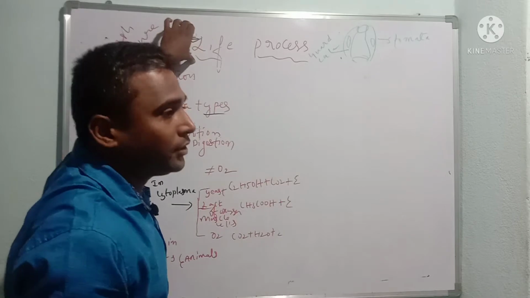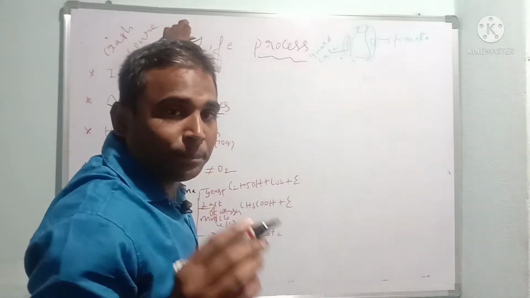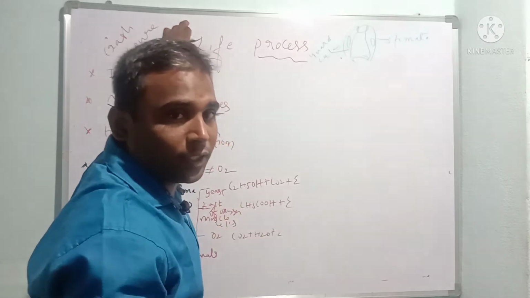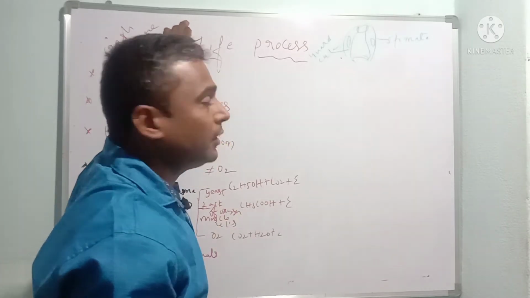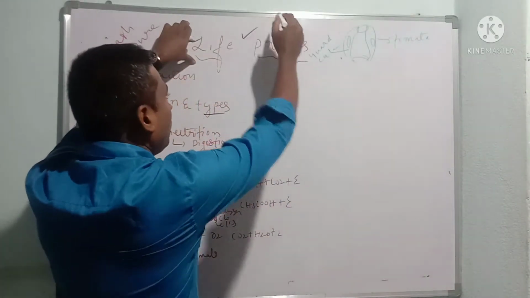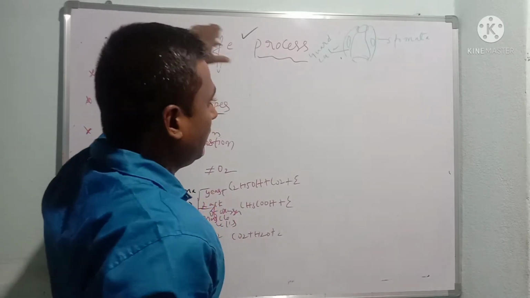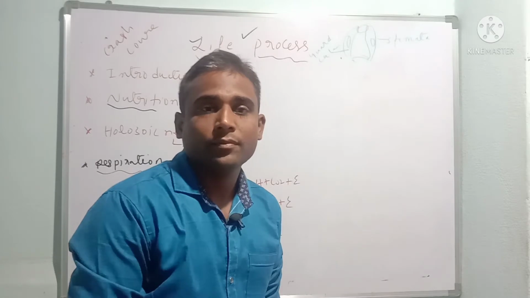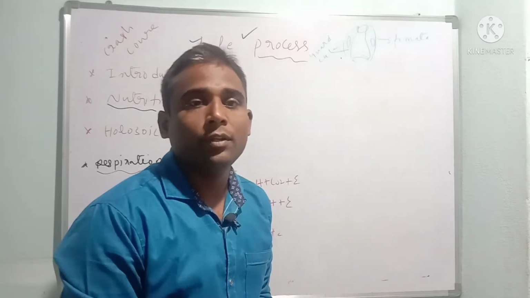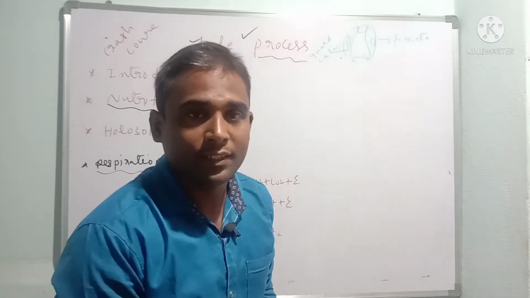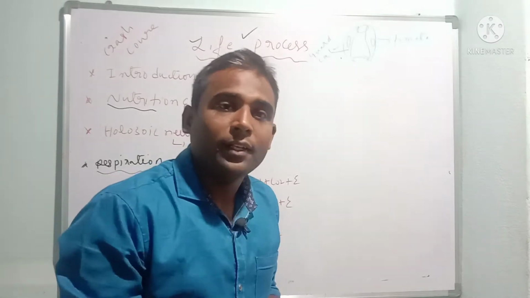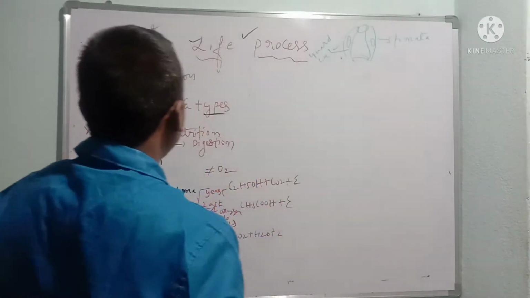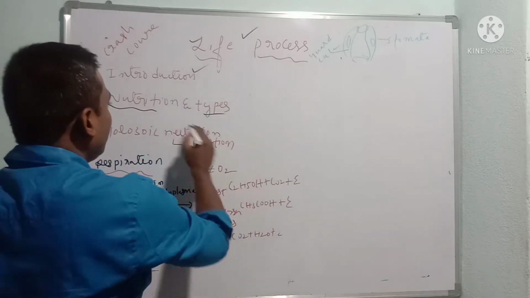Means the essential processes like respiration, digestion, nutrition, transportation are called life processes. By doing all these processes, animals or organisms will be fit and healthy. If there is a drawback, the animal is going to die. Now this introduction part is over.